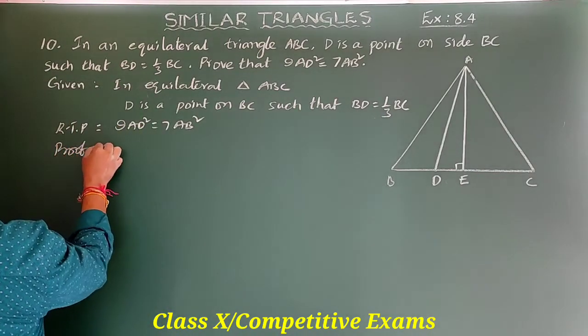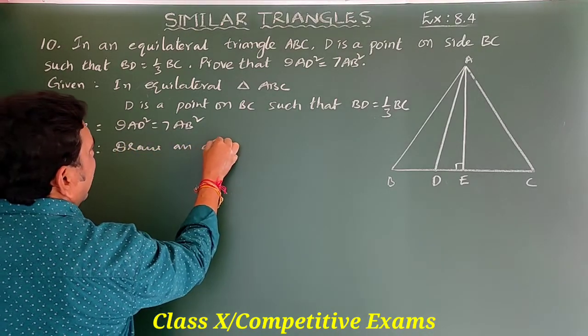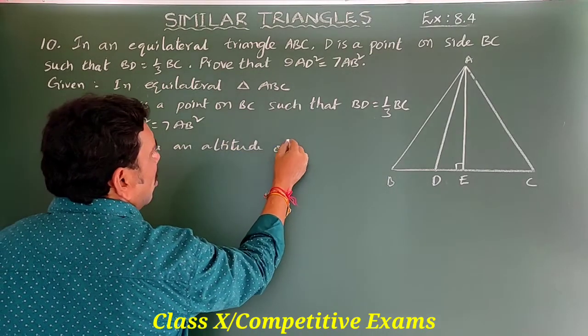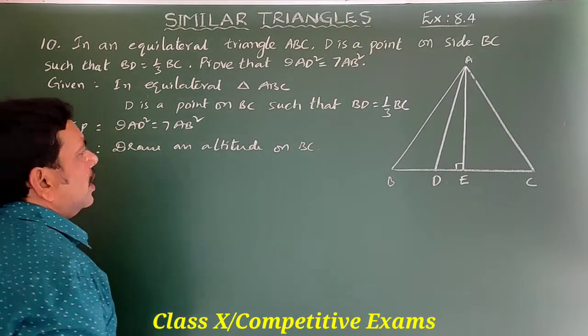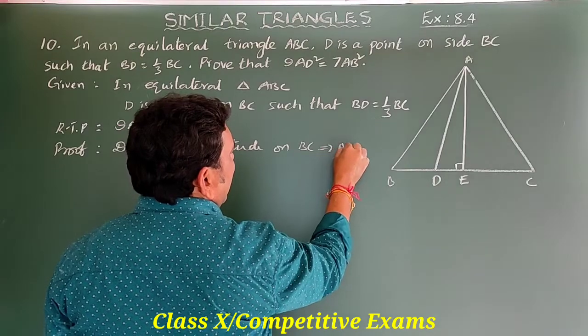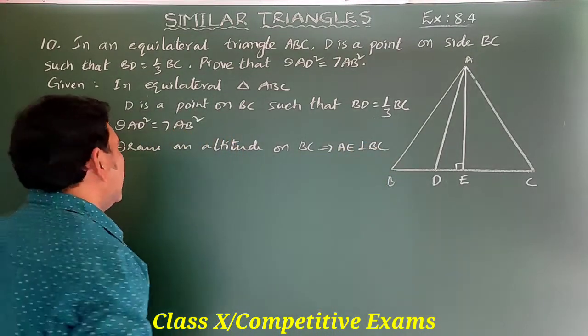Proof. Draw an altitude on BC. That implies AE is perpendicular to BC.